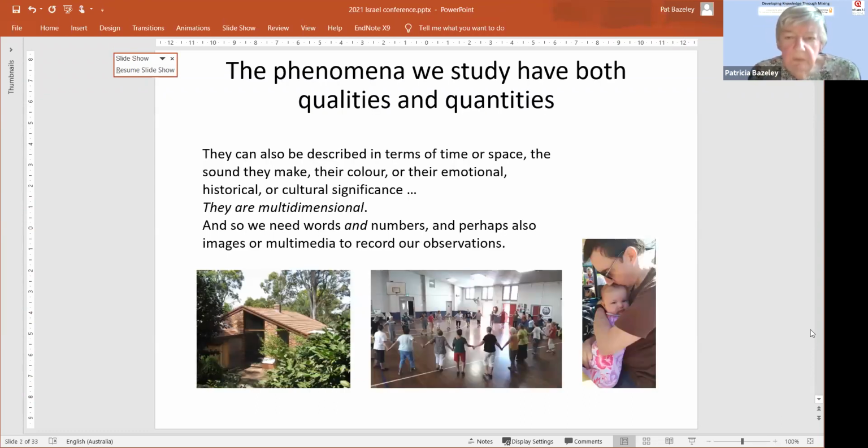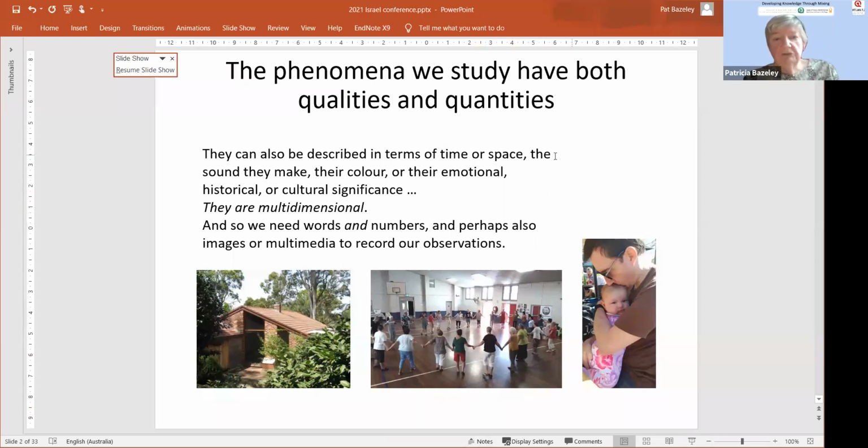I start from the observation really, that the phenomena we study have both qualities and quantities. Any particular thing we're studying, you can describe in terms of its qualities, its quantities, but also in terms of time or space, maybe sounds, colors.